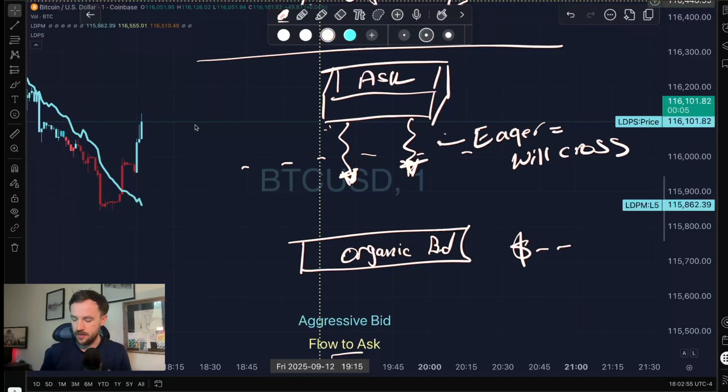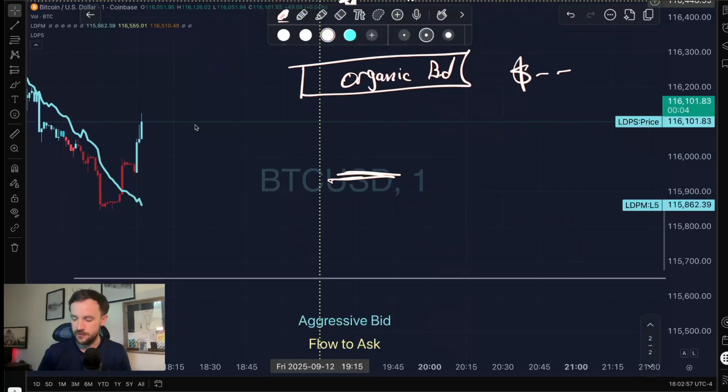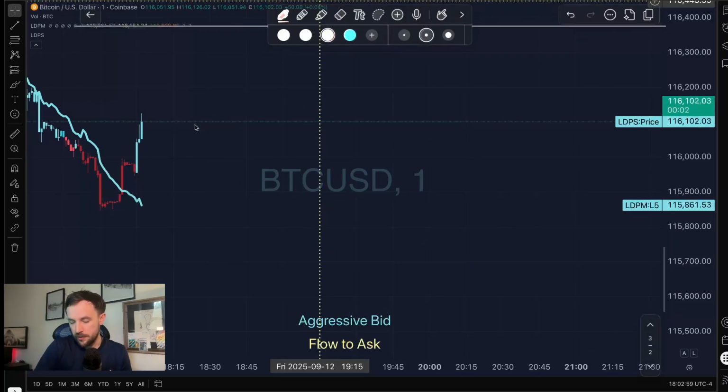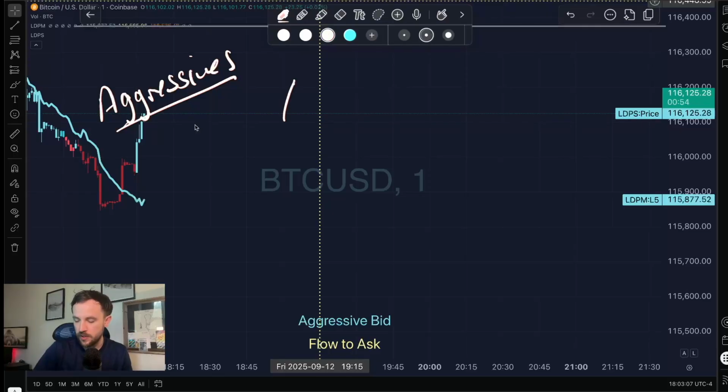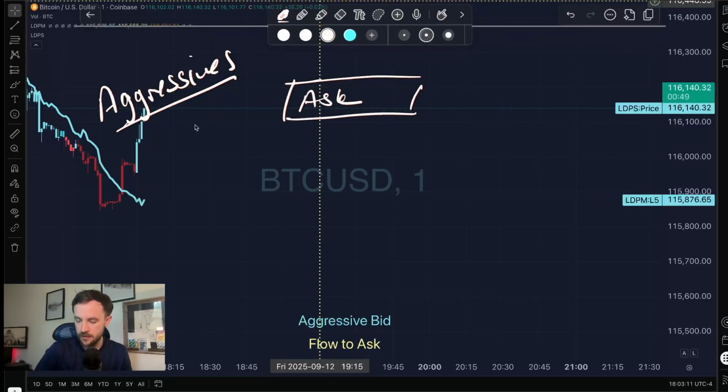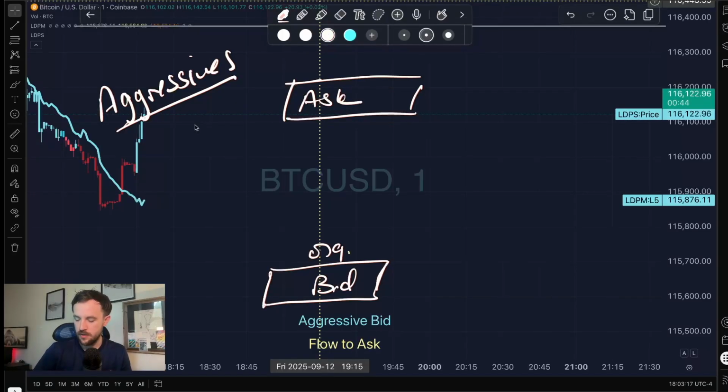What we see now, though, on Bitcoin is aggressive. So what is that about? The aggressives are a unique sort. You don't see them often. So if we have the ask, and then we have the bid, let's say this is organic. They're the ones that are moving beyond.